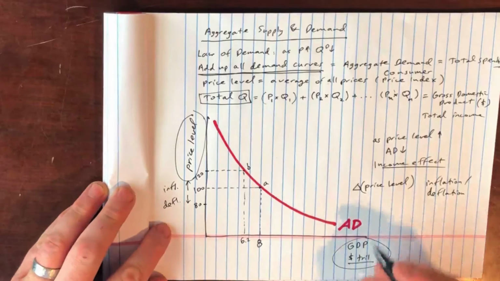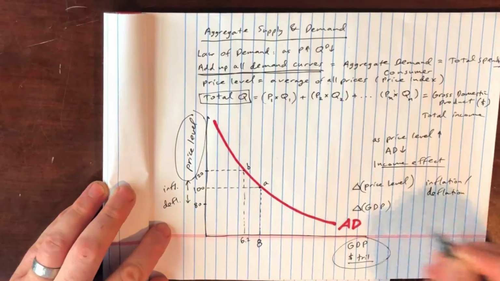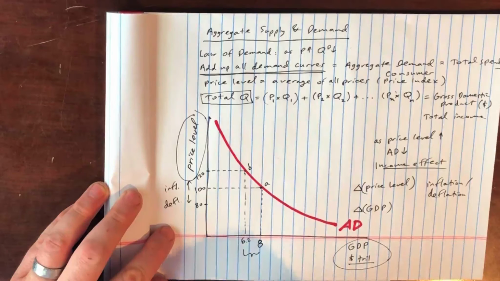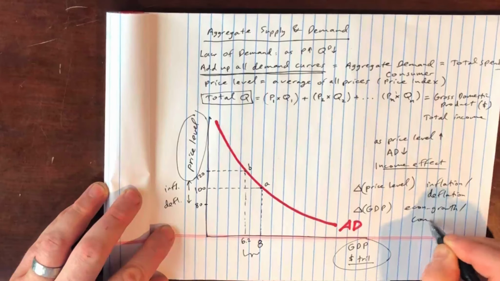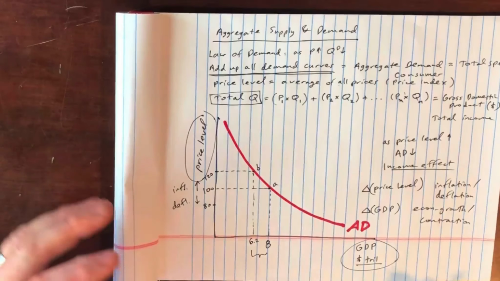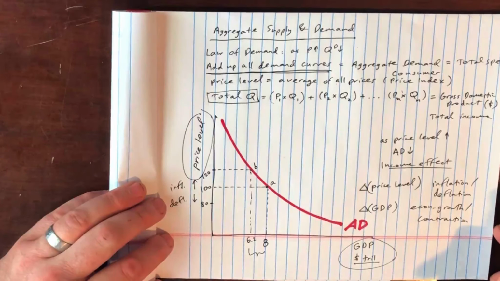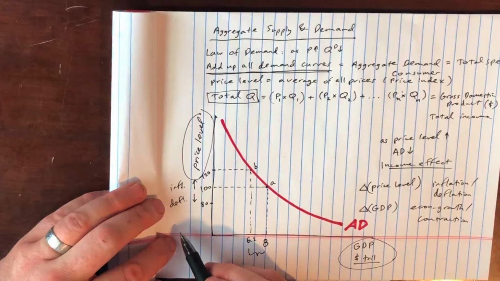And then a change in GDP, gross domestic product, represents economic growth or contraction, depending on whether it moves up or down. So pretty simple. We've got on one graph two things that we're very interested in: what is going on with economic growth, and what's going on with the price level?